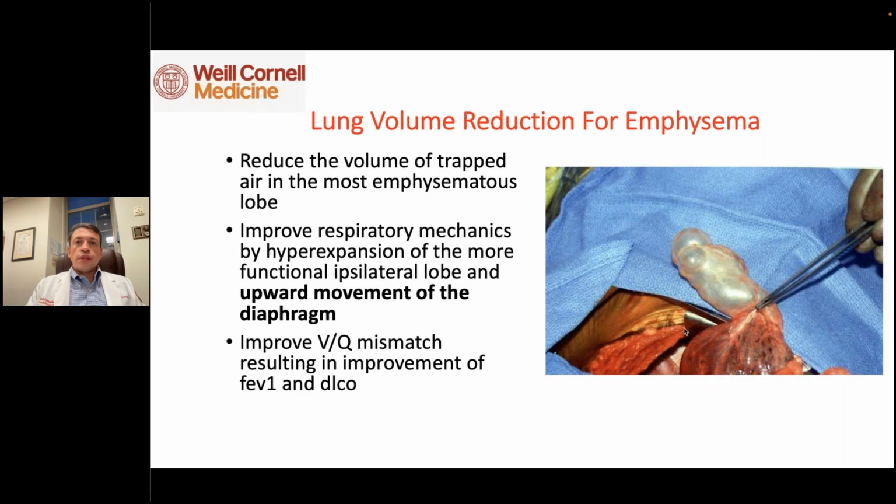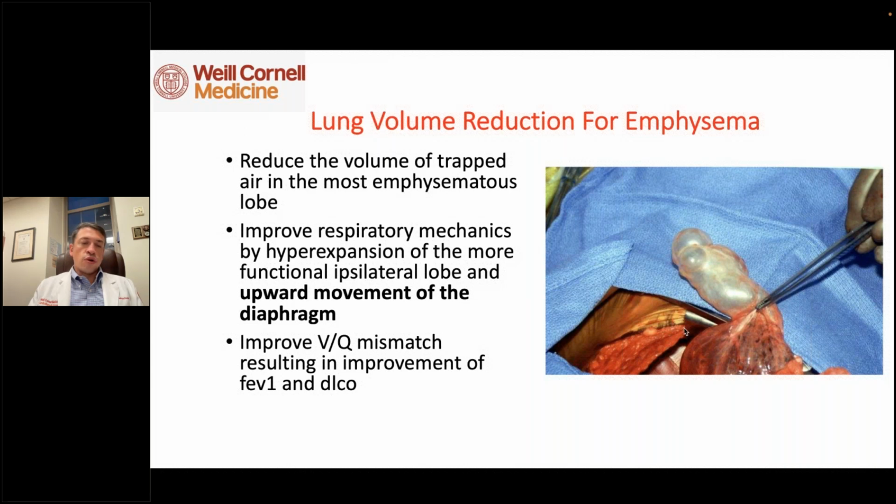Lung volume reduction for emphysema is centered around the idea that hyperinflated lungs are exerting pressure on the diaphragm and inspiratory muscles. If there was a way to reduce the degree of hyperinflation, that will translate into improved mechanical changes and subsequently improvement in patients' dyspnea and quality of life.